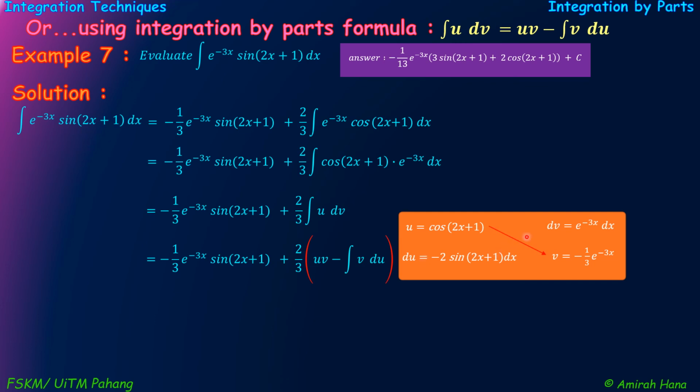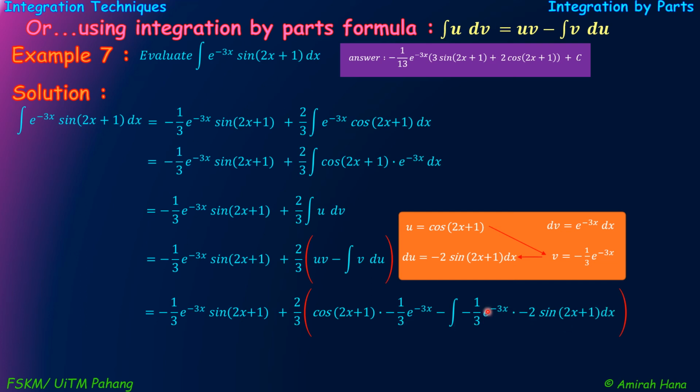After that, we need to multiply u and v, and we multiply v and du. So, we have this. Now we check one by one. Our u equals cos 2x plus 1, and v equals negative 1 over 3 e to the power of negative 3x.